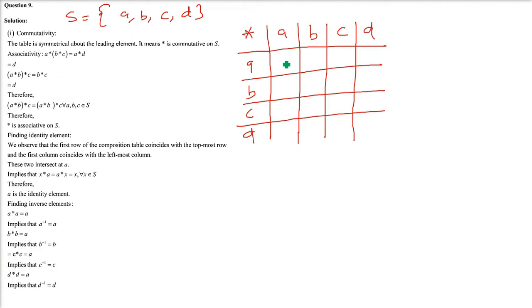We have A, B, C, D, then B, A, D, C, then C, D, A, B. So this is how your table is given. You can also refer to your book. So this is the table, and we are going to solve this question through the table only.